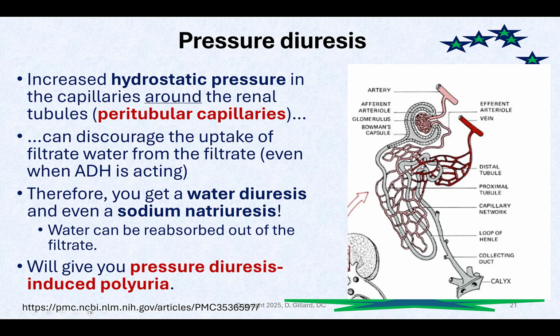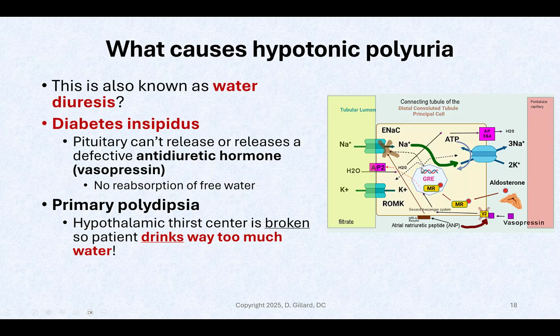Even if ADH is there and it's implanted aquaporin channels, you can't pull it. So let's look at this. If you had super high pressure in this capillary, there's no oncotic pressure over here to pull fluid back in.